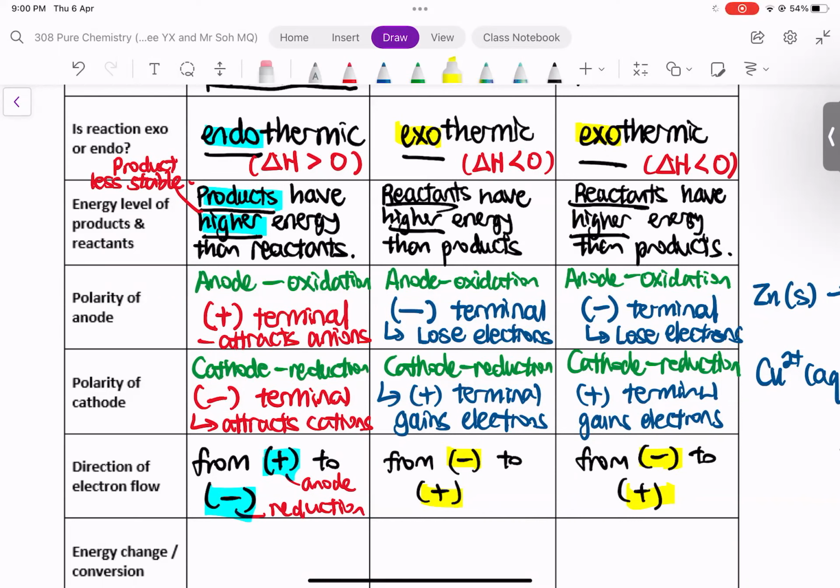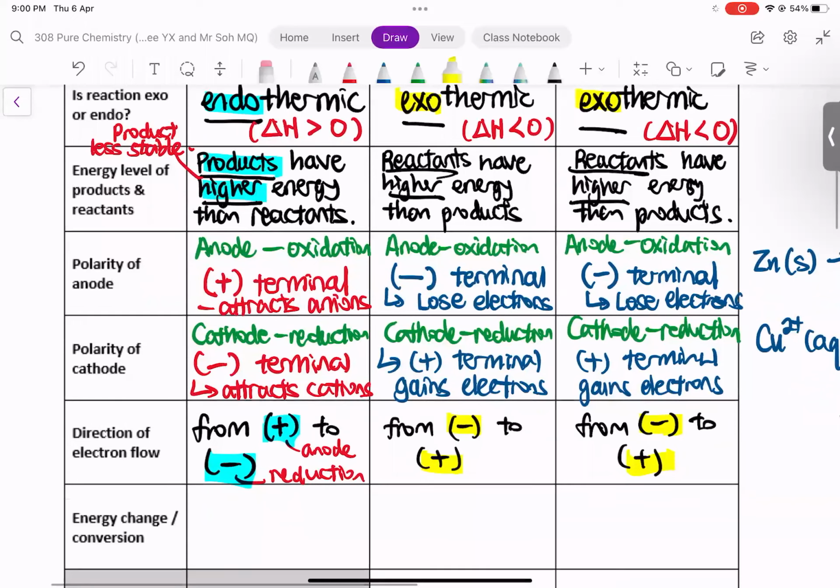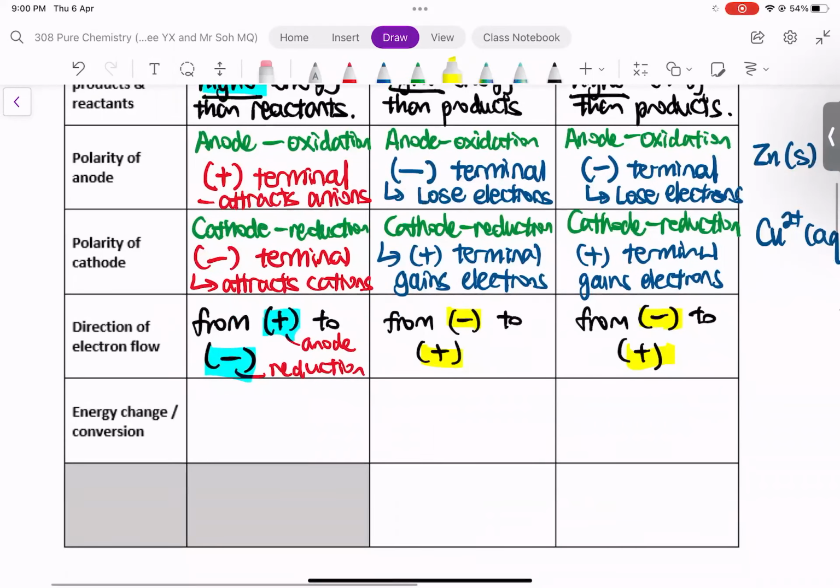All right, so now we have cleared the hardest part. The hardest part really is the polarities and the direction of electron flow. After you could understand that, the rest is actually quite easy. Now, in electrolysis, what is the energy change or the energy conversion? Now, this question appears quite often in your TYS, in your workbook. They'll ask you, describe the differences between an electrolytic cell and an electric cell in terms of energy changes.